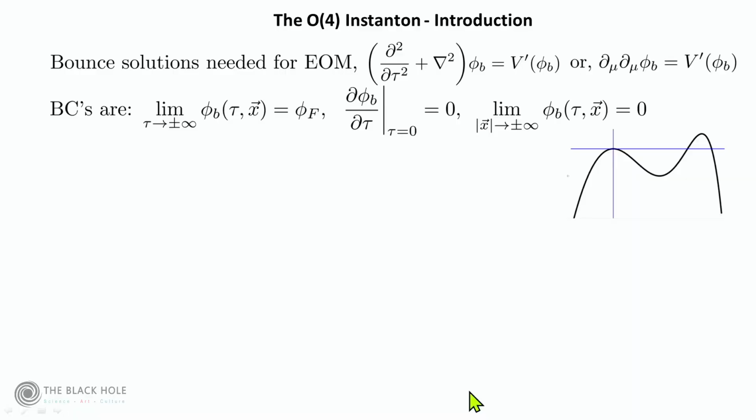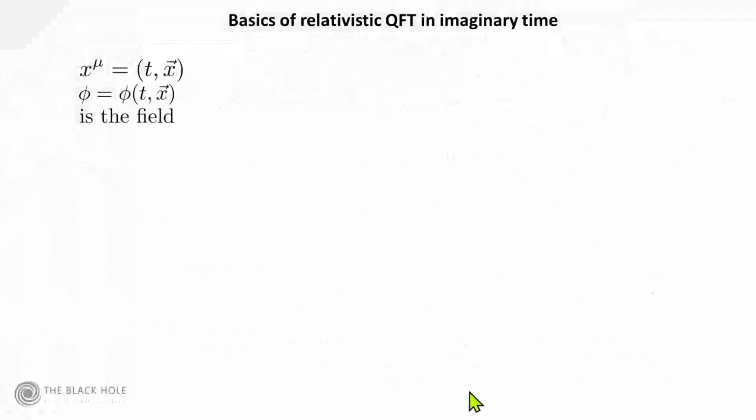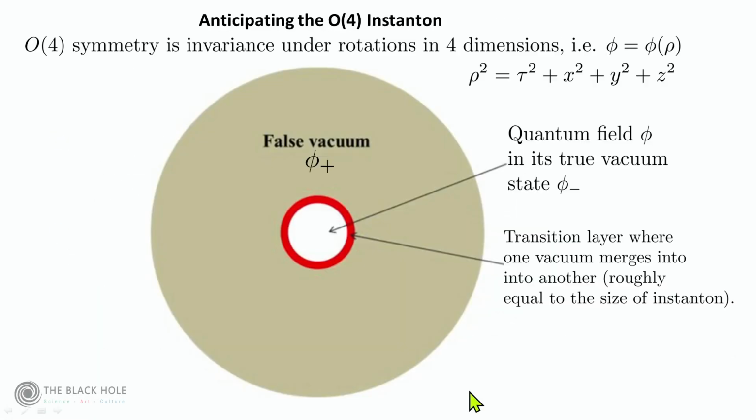And so again, I come back to, okay, this is what you should keep in mind always. So the outside is the false vacuum. Inside is the true vacuum. In time, what will happen is that the true vacuum will become bigger and bigger, and the false vacuum will disappear throughout space.